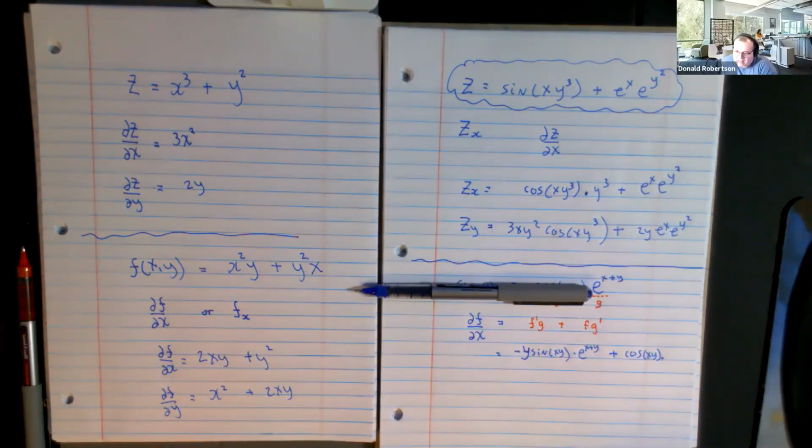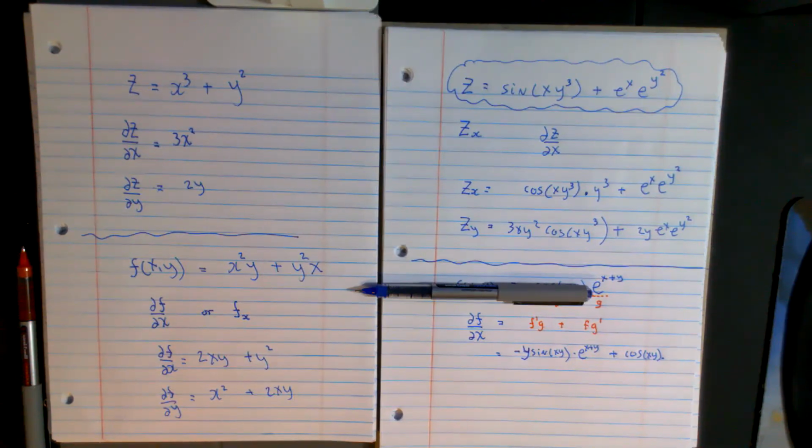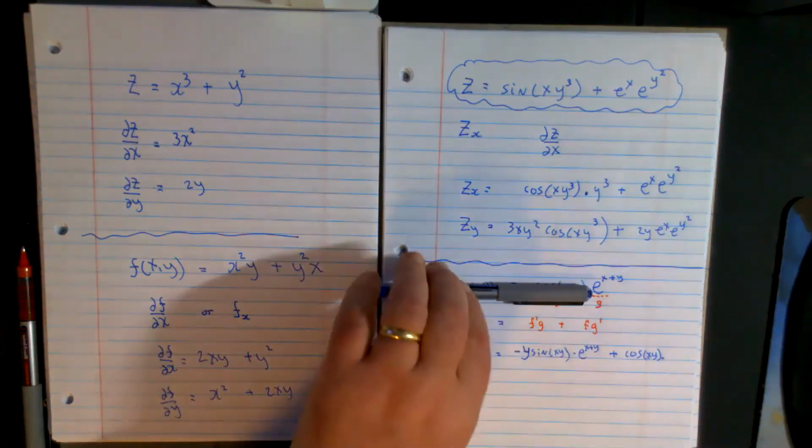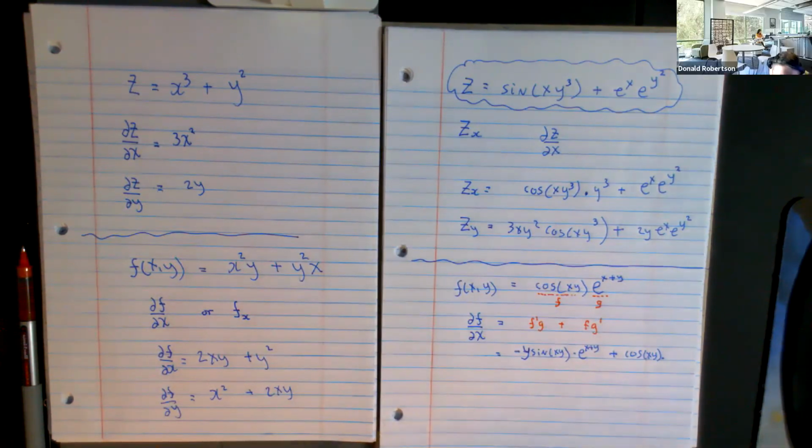With respect to x, what's that guy's partial derivative? e to the x plus y. Wouldn't it just be e to the x plus y?